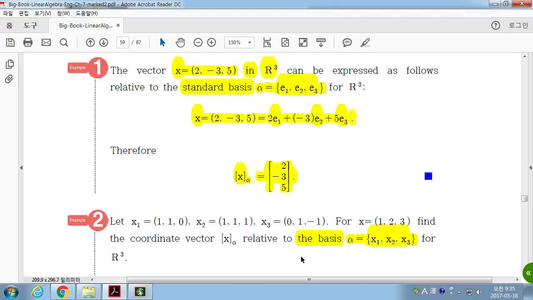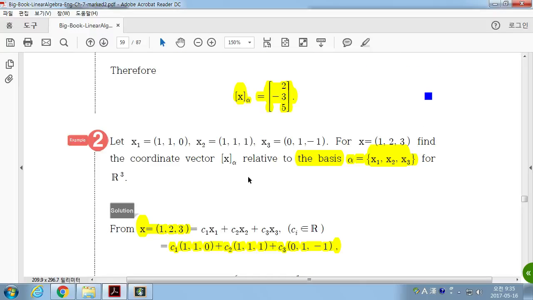So if you have this linear combination with the standard basis alpha, then (2, -3, 5) is the coordinate vector of x with the standard basis alpha. But if you have x1, x2, x3 like this, then we know these are linearly independent, so this is another basis. Let's say the set of these xi's is alpha.